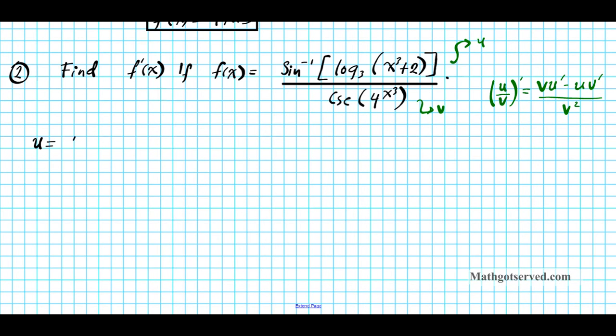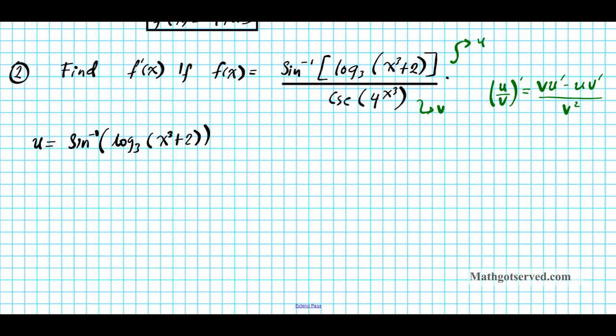Extracting the numerator, u is the inverse sine of log base 3 of x to the third plus 2. We're going to be using the derivative of inverse sine, then the derivative of logarithm base b, and then the power rule to differentiate this polynomial function in here.